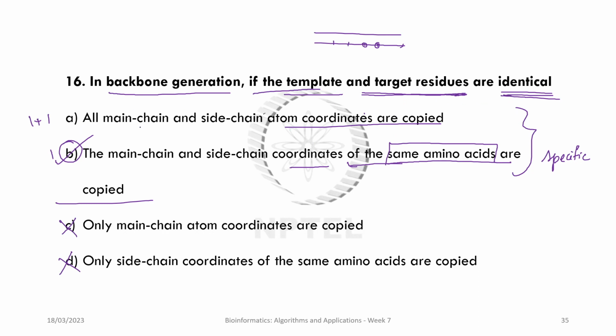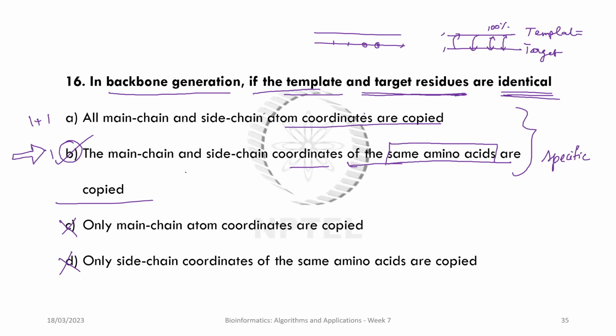If you look at option A and argue, why can't I copy everything, then essentially you're not doing anything, right? You have a target and you have a template. If they are absolutely identical in everything, and you copy all the residues 100% identical, then you can copy the backbone as well as the side chain coordinates, and therefore you have just copied the template structure. There is no model generation at all, there is no backbone generation, and therefore I'm siding with B and not A.